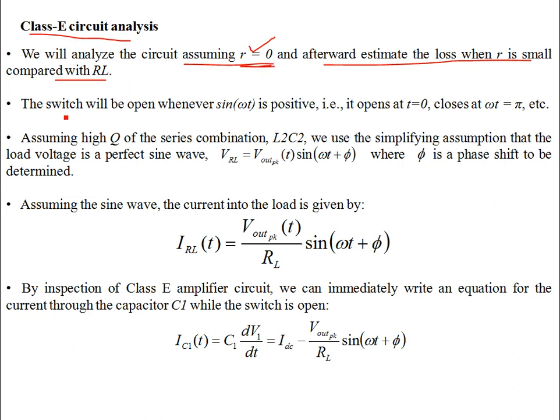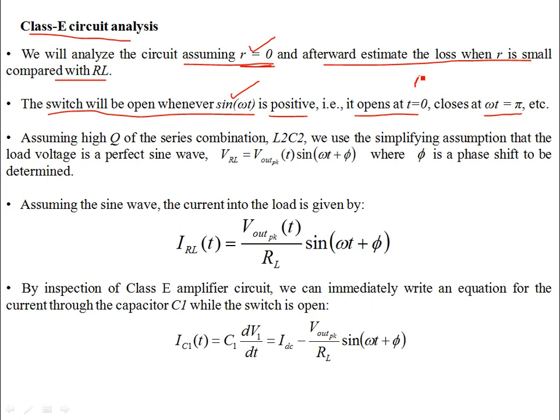So we assume the opening and closing of the switch to be dictated by, let's say, a sine function. The switch will be open whenever sin(omega t) is positive. That means it opens at, let's say, t equal to 0, and then it closes in the other half cycle.